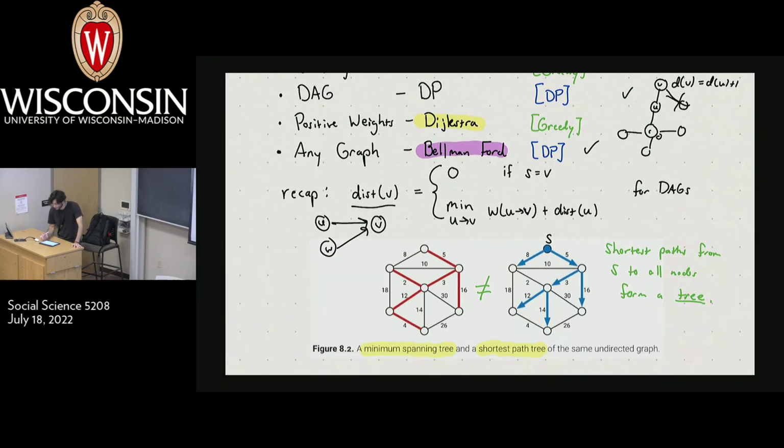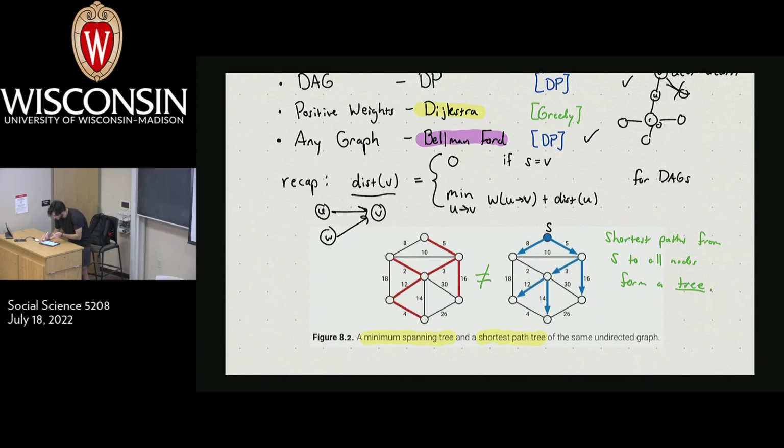And you can also view this as computing a shortest path tree, because if you combined all the shortest paths and just took a union of them all, it's going to look like a tree. So here, the shortest path from S to this node, S to that node, etc., it's a tree. There's no cycles or anything. That's something you can prove in general.